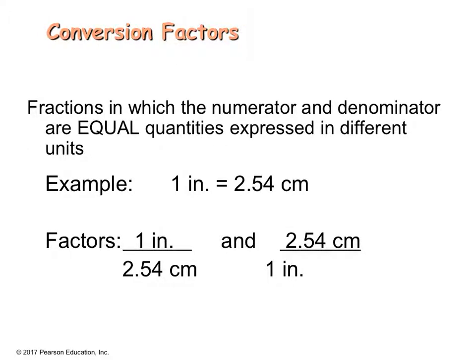So first of all, let's talk about what we mean by a conversion factor. A conversion factor is what allows you to change your units from one value, let's say inches, into a different value, in this case centimeters. If you're going to do that, you need a conversion factor or an equality which shows you the relationship between the two units.